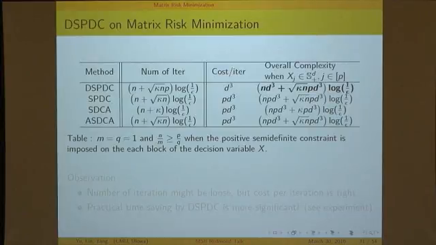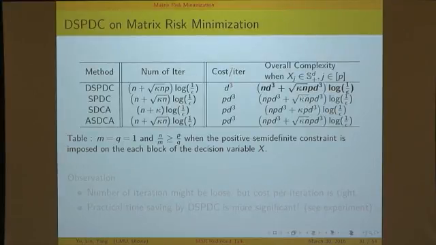And actually, in practical scenarios, the SPDC is much faster. The reason is, although the number of iterations looks larger than the competitor, all of these are upper bounds, which means that they might be loose.